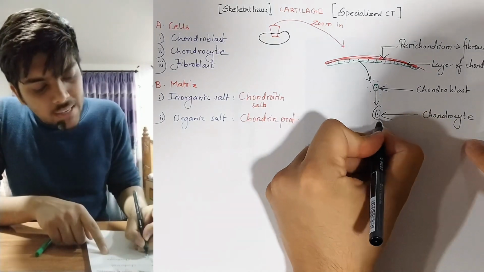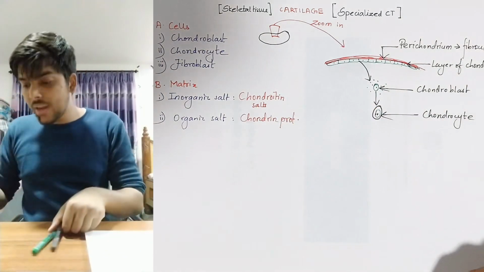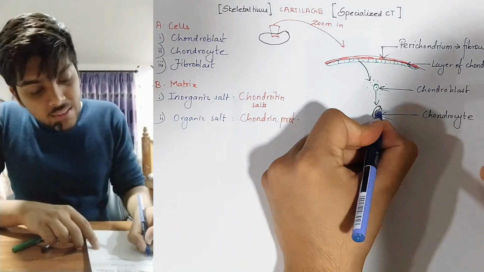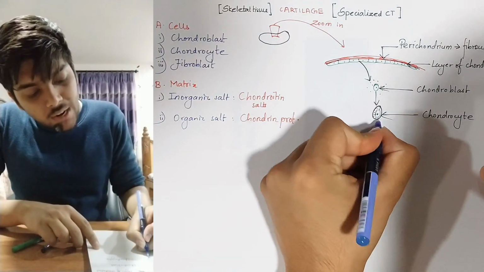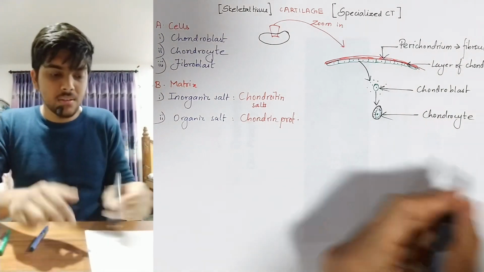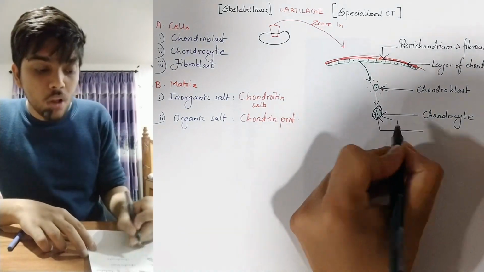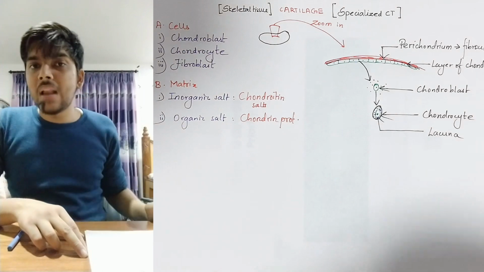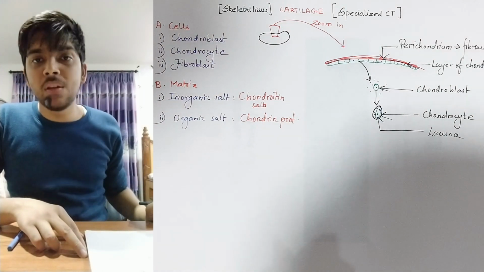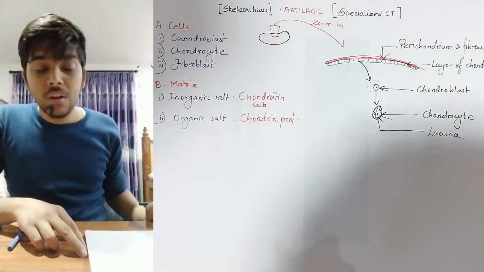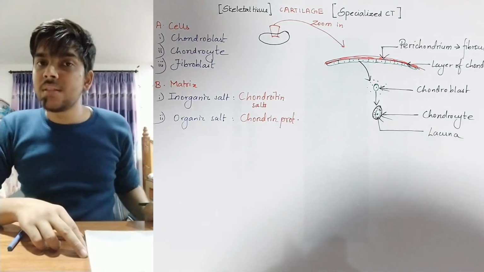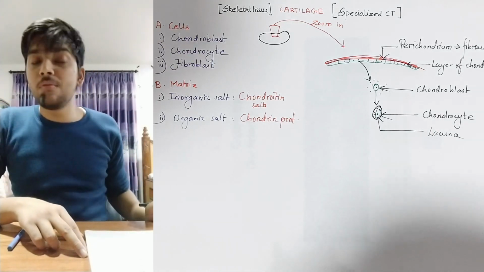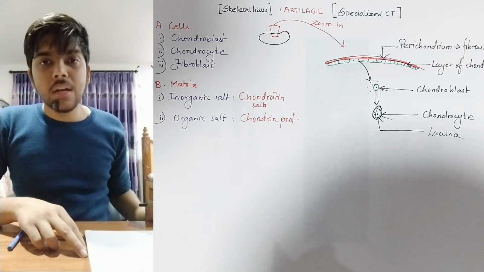It is a fluid-filled space, which is also known as lacuna. So in case of bone, the lacunae were the irregular empty spaces in which osteocyte was found. In cartilage, lacuna is the fluid-filled space where chondrocyte is found.